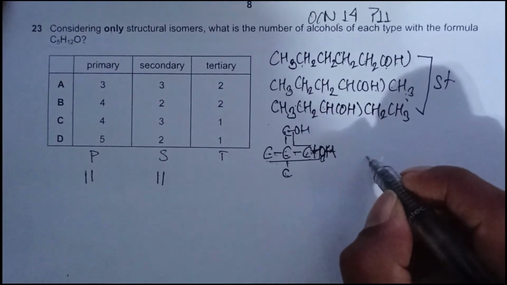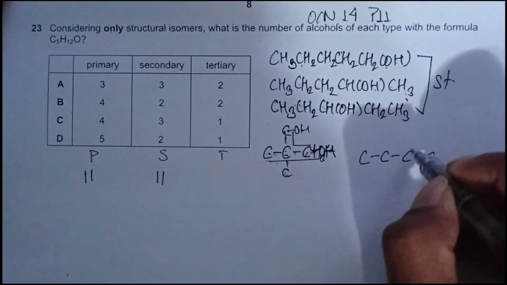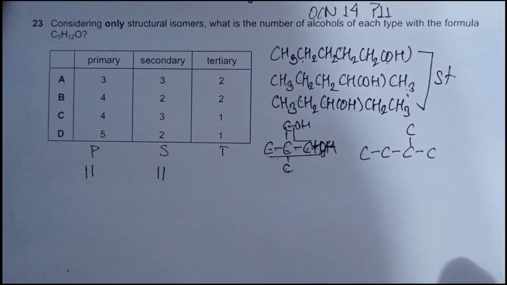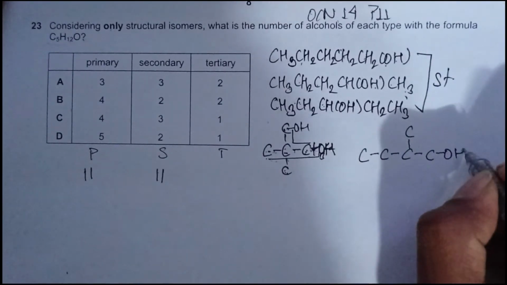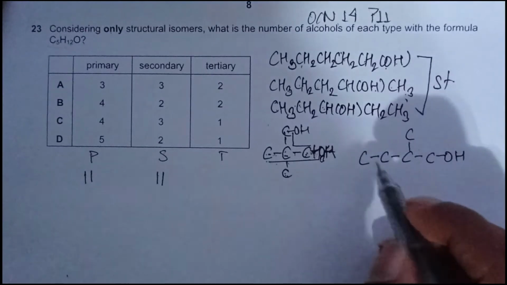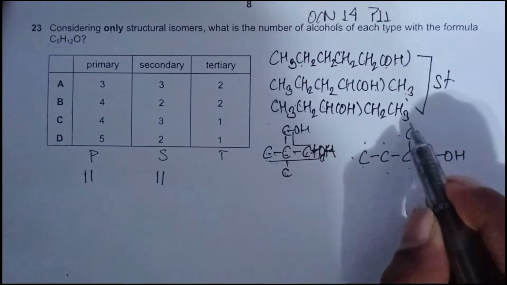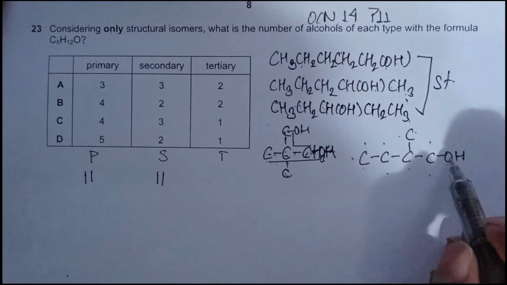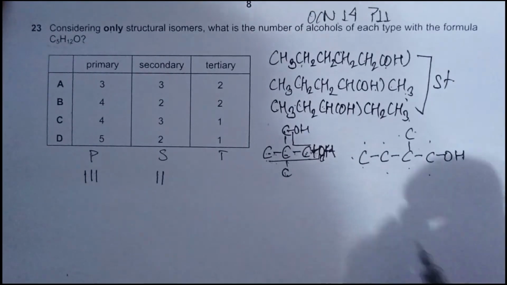Another branch chain isomer we can construct is 1, 2, 3, 4, and a carbon can come here. The possible structure for this pattern is OH here, all surrounded by hydrogen, 12 hydrogens in total, and this is going to be our primary alcohol. We have 3 primary alcohols thus far.